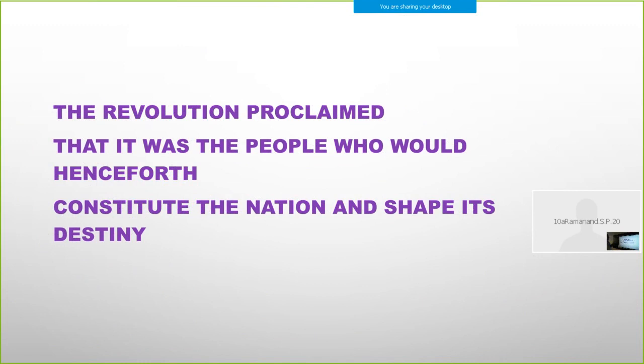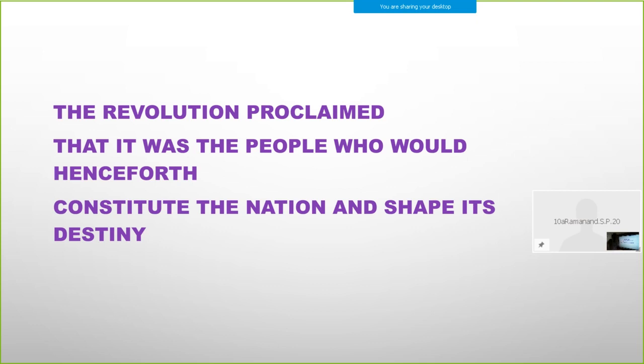So the French Revolution declared that people will be the core idea of a country, not the ruler. Before the French Revolution, Louis XVI was the core theme of France. But after the French Revolution, people were the core idea of the nation.